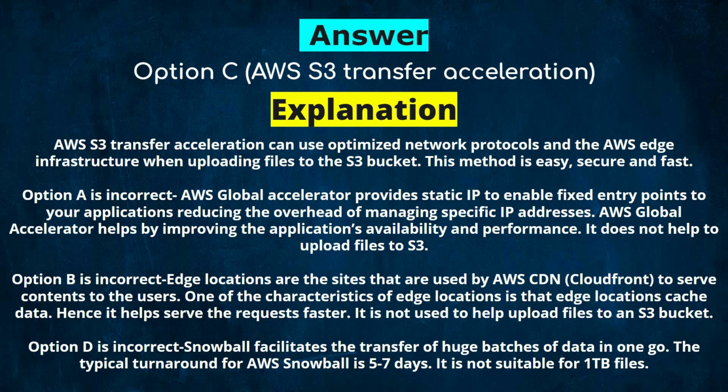One of the characteristics of edge locations is that edge locations cache data. Hence, it helps serve the request faster. It is not used to help upload files to an S3 bucket. Option D is incorrect. Snowball facilitates the transfer of huge batches of data in one go. The typical turnaround for AWS Snowball is 5 to 7 days. It is not suitable for 1 TB files.